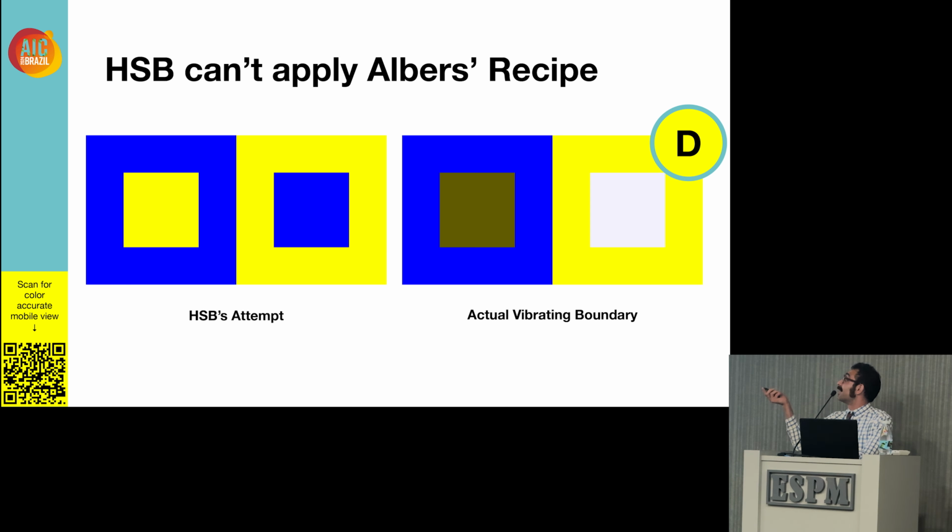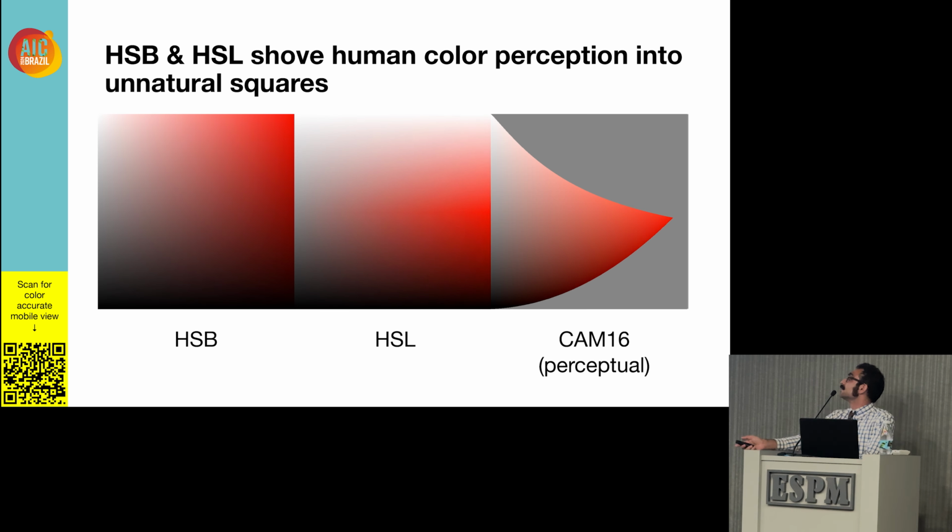Its main defect being, it doesn't show lightness correctly. On your phone, you'd see HSB's attempt at what would be a vibrating boundary, according to its color picker. These should vibrate. These follow Albers' recipe. But on the right, you'd see on your phone what an actual vibrating boundary of that blue background would be and of that yellow background.